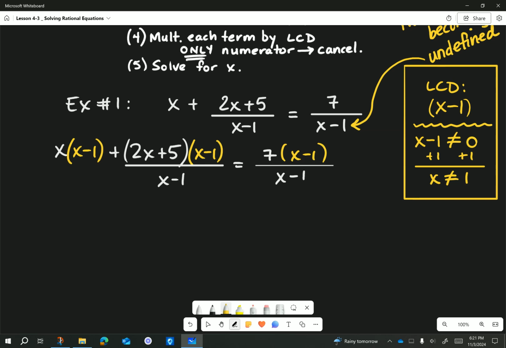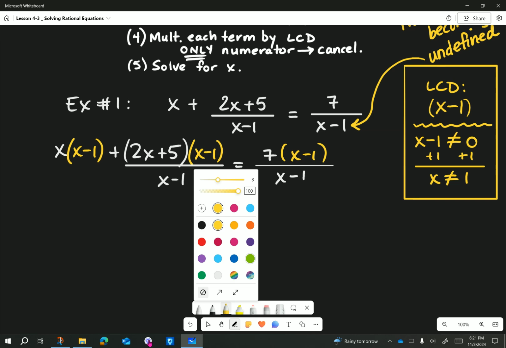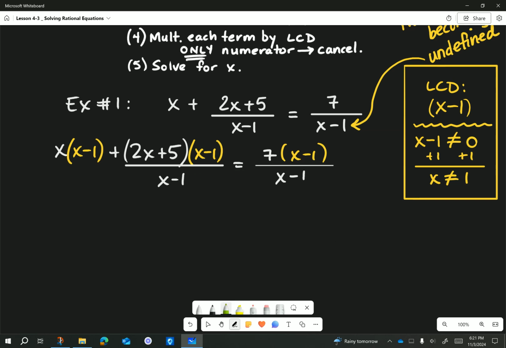So in this case, x minus 1 and x minus 1, let's choose a different color here. Let's use this bright green. They will be reduced to a 1. This x minus 1 and x minus 1 over here also would reduce to a 1. Okay, they cancel each other out. So I am going to write what remained.